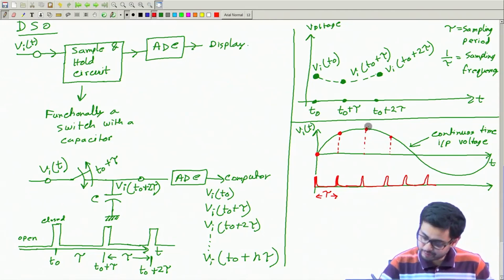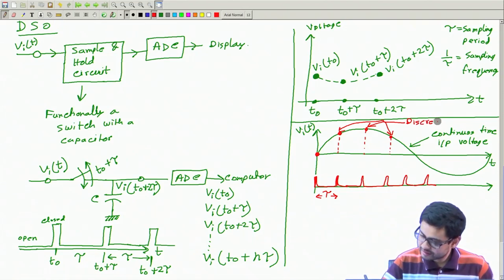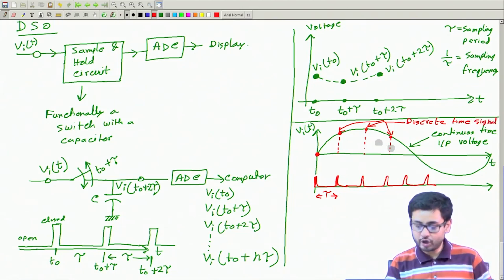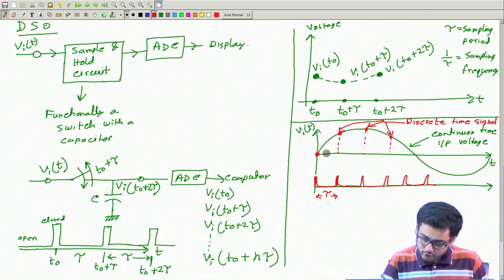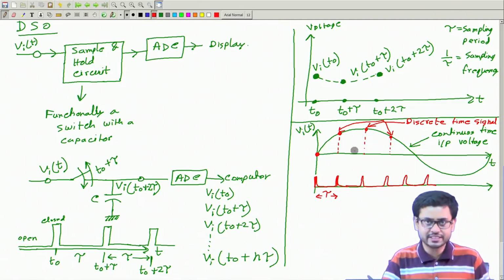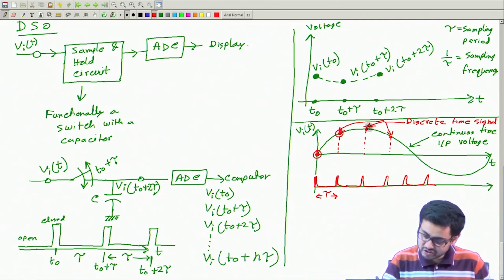But this set of points, this we will call a discrete time signal, a discrete time measurement, because these measured values we know only at discrete values of time. We do not measure what the voltage was at this moment or at this moment. So we only have the values here, here, here.